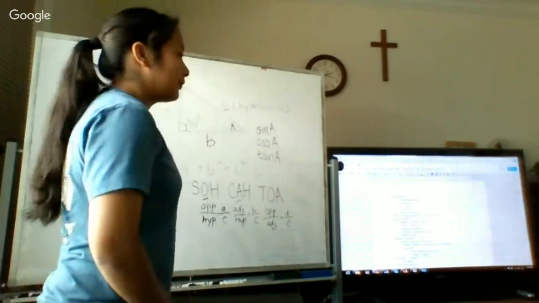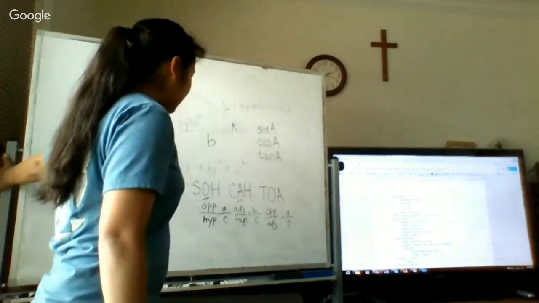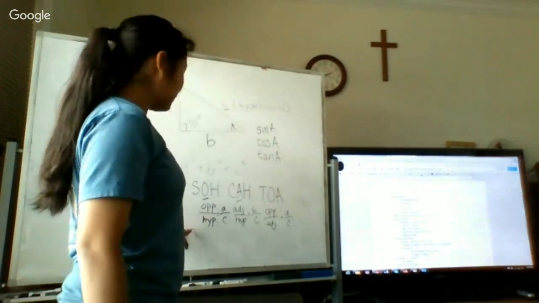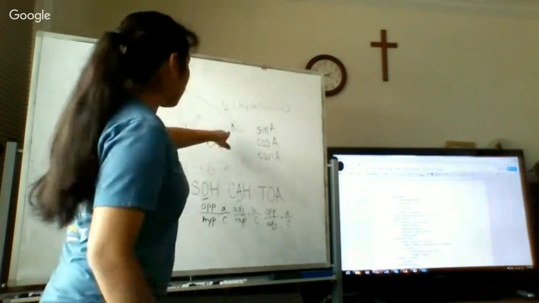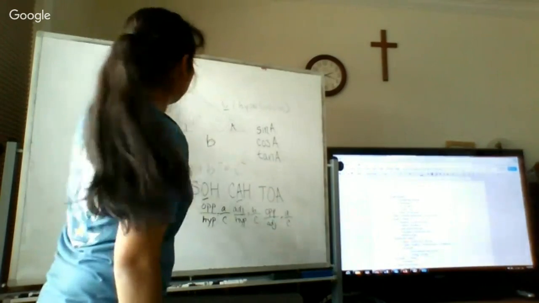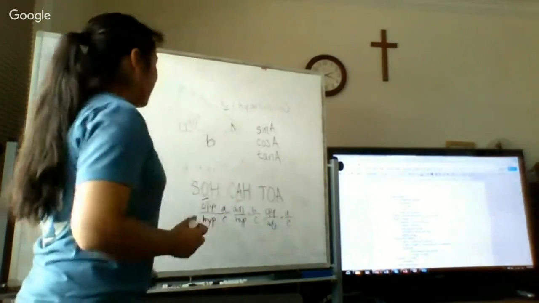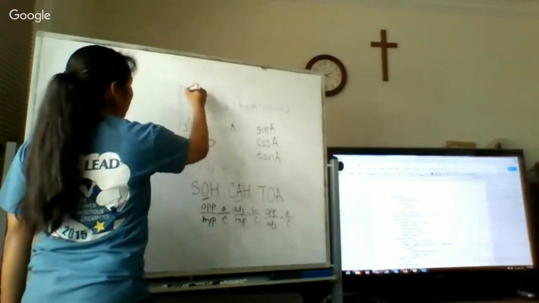So question. Yes. So the opposite, like for opposite over the hypotenuse, is that in terms of like opposite angles or opposite sides? So opposite just means if you take the angle, you just draw a straight line across, and you'd be looking at this one. So the thing about these triangles is that there's also another angle.